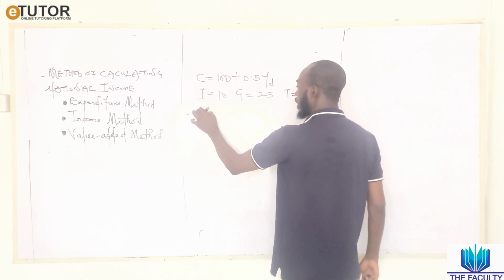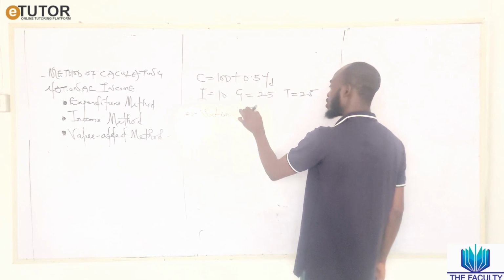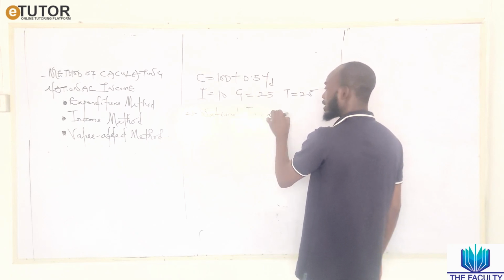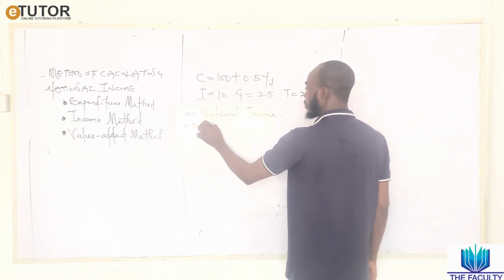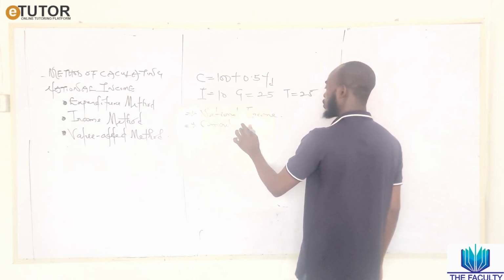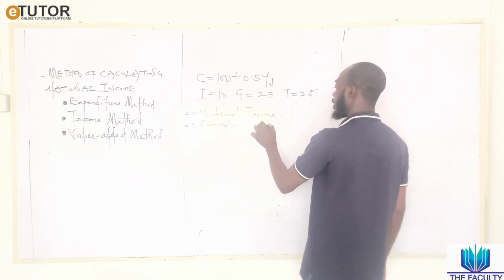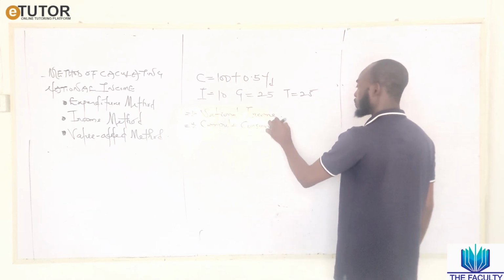First, they ask us to calculate the national income using the expenditure approach. The second thing they ask us to compute is the consumption function.